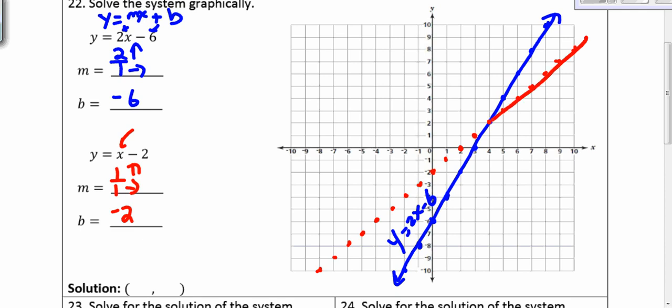When you do finish putting the points on the lines, hopefully use a ruler, not like me. Y equals x minus 2. The solution is right here. This is the solution right there. So you can see it. And the solution is 4, 2.